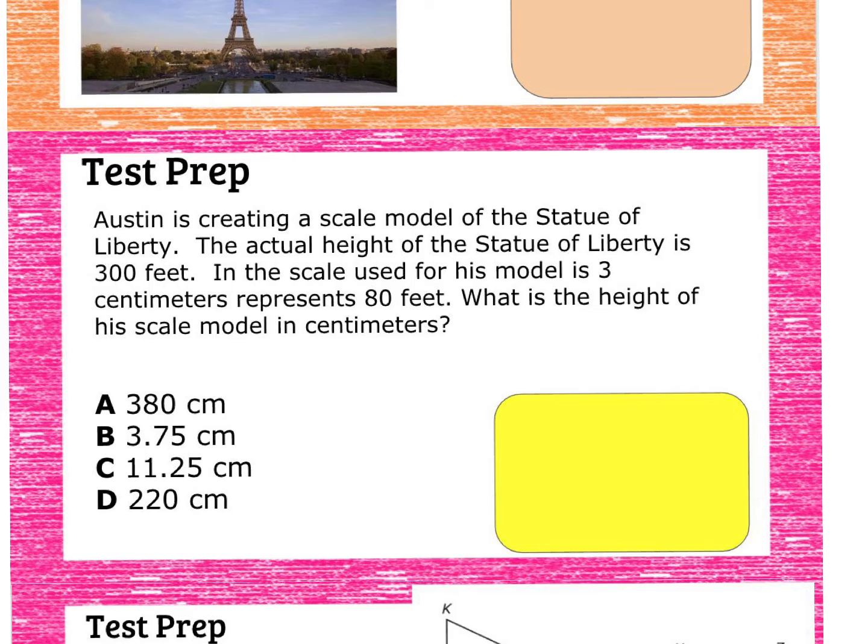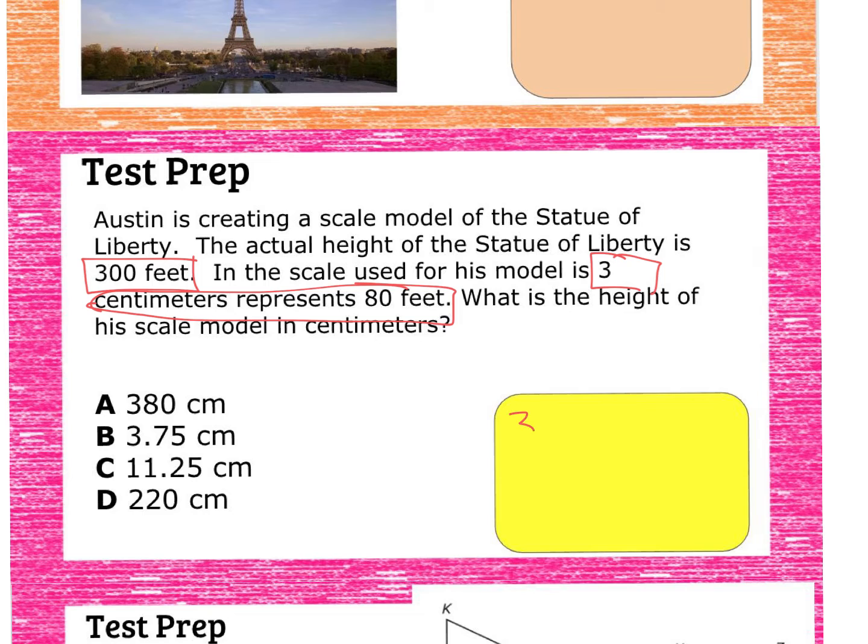Okay, we have the actual height is 300 feet. The scale for the model is 3 centimeters represents 80 feet. So I'm going to use all of this information. What is the height of the scale model?